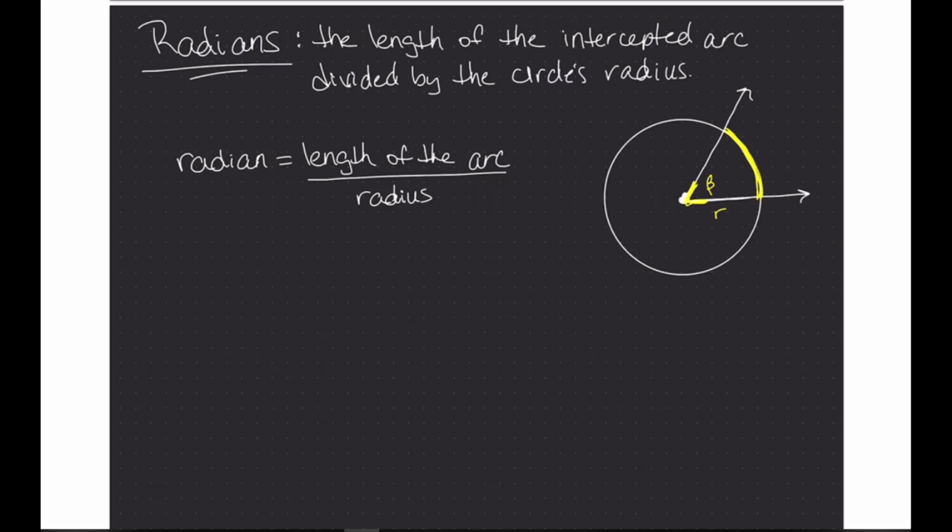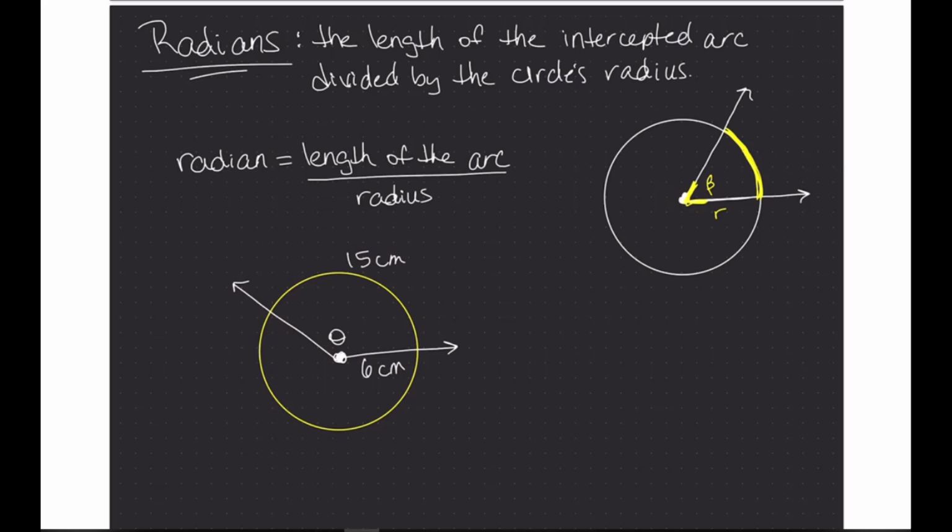So if we just had a nice little cheesy circle, and let's say we had some angle going through this guy. And I knew my radius was 6 centimeters and my arc was 15 centimeters.